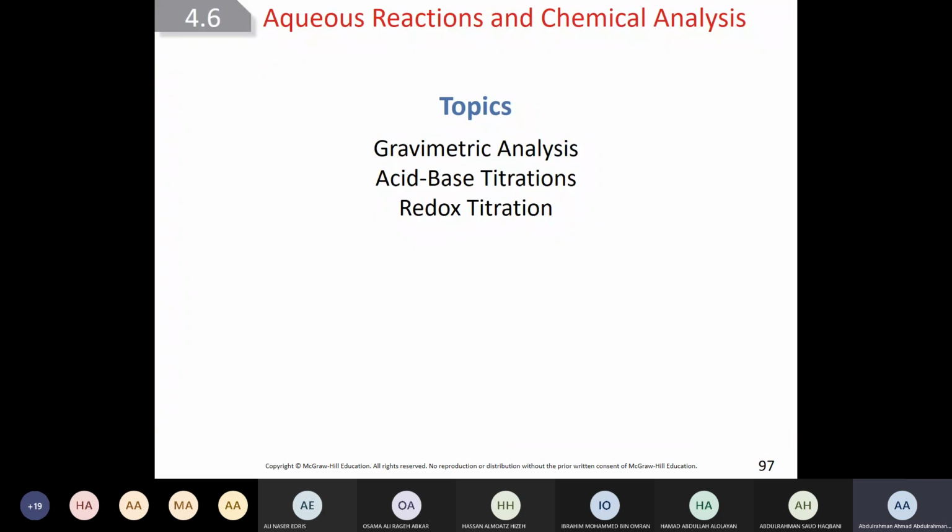Good. Next, gravimetric analysis. Gravimetric analysis is analysis related to mass, measuring mass. We call it gravimetric analysis.